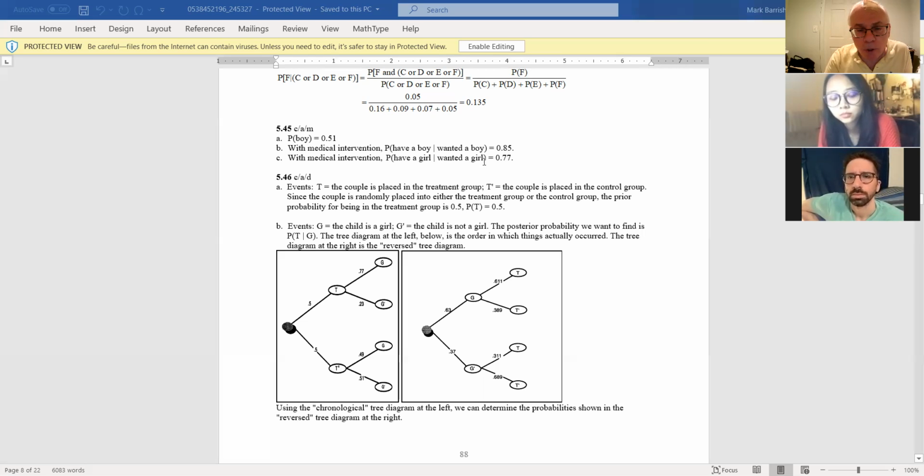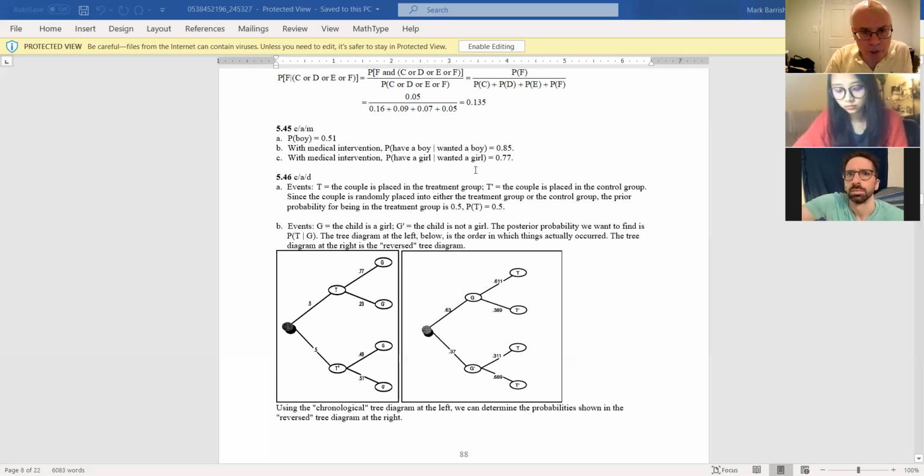The only problem with this way is, not wanting a boy must mean they wanted a girl, and not wanting a girl means they wanted a boy. So it's a little shaky the way they did it.